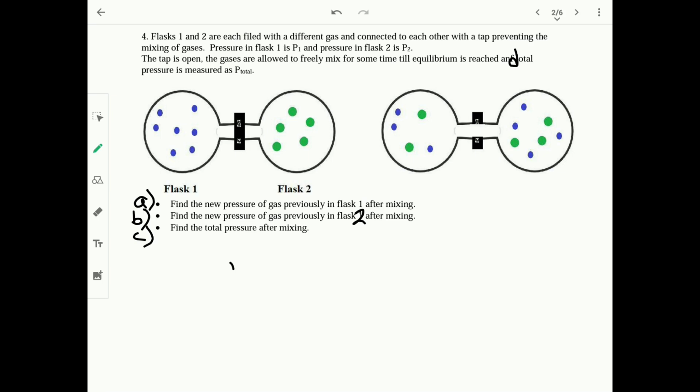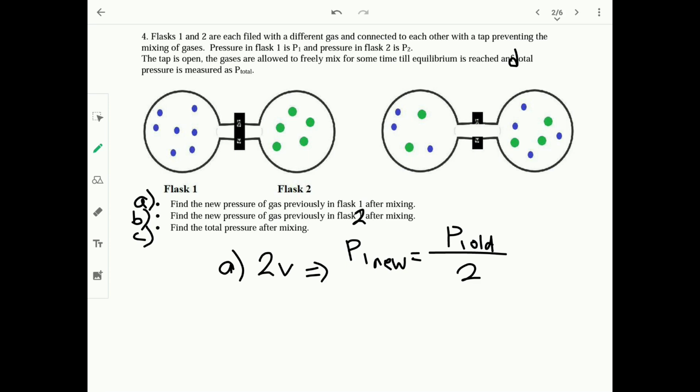Let's solve it together. A says find the new pressure of the gas previously in flask 1 after mixing. Now you should realize one thing, that I have not added more gas. All I've done is increase the volume. I've in fact doubled the volume, 2 times V. So since pressure and volume are inversely proportional, P of flask 1 new is equal to P1 old over 2.